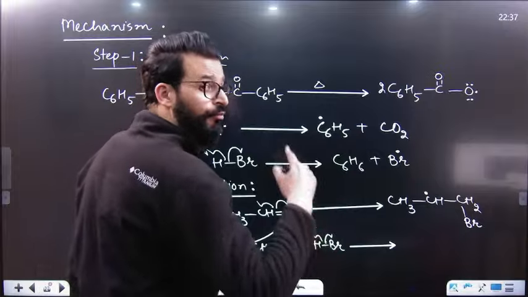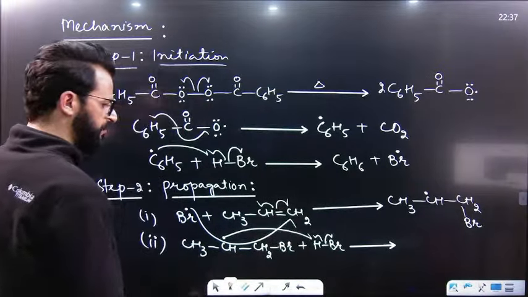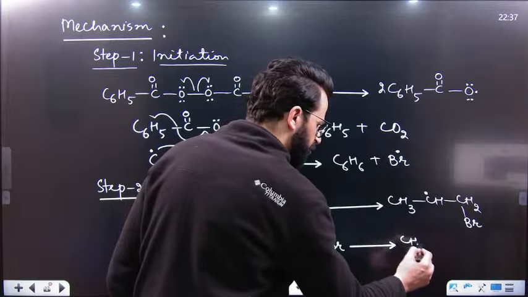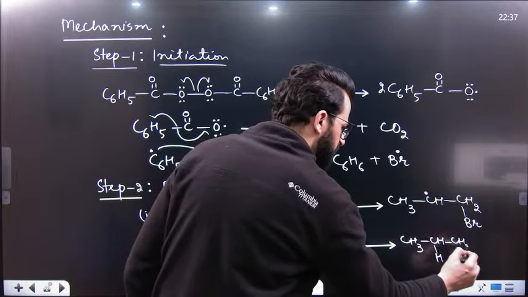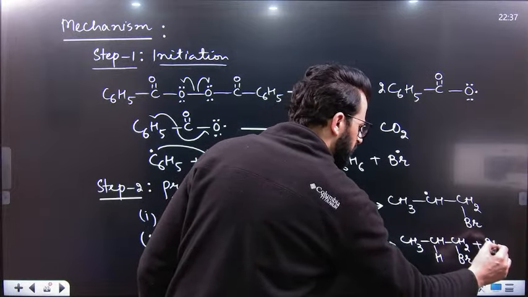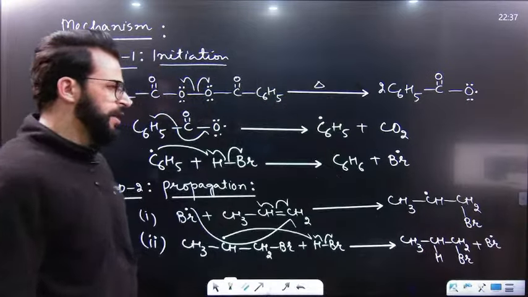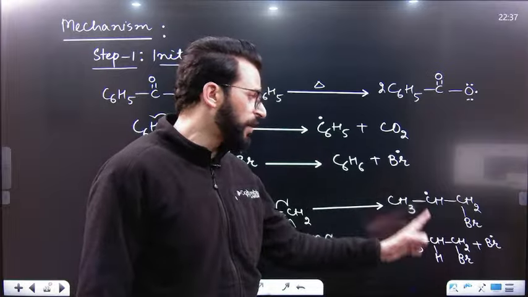The H radical is more reactive than the Br radical, so this radical will react with H, resulting in the formation of CH3CH2CH2Br. That means the anti-Markovnikov's product is formed, plus a Br radical is generated. Now the question is, why is it formed?